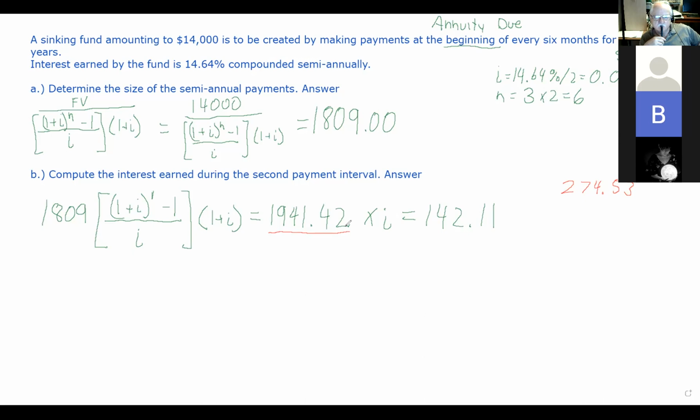Oh, I see. Because it's annuity due, the payment is at the beginning of the payment period. And so we need to add the payment to this.